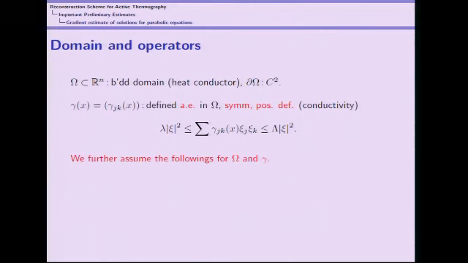Omega is a bounded domain, which can be considered as a heat conductor, with a C2 boundary, partial omega. And the heat conductivity gamma is defined everywhere in omega, which is symmetric positive definite, satisfying this kind of estimate. We further assume the following for omega and gamma.